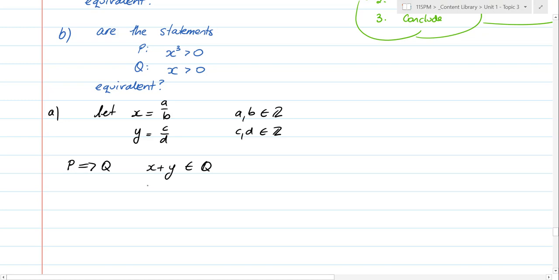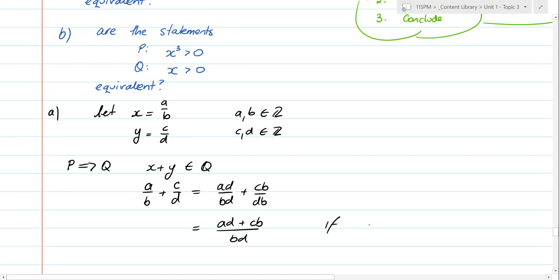And the answer is, in this case, yes, because x plus y is equal to a over b plus c over d, which is equal to AD over BD plus CB over DB, and that's equal to AD plus CB over BD.